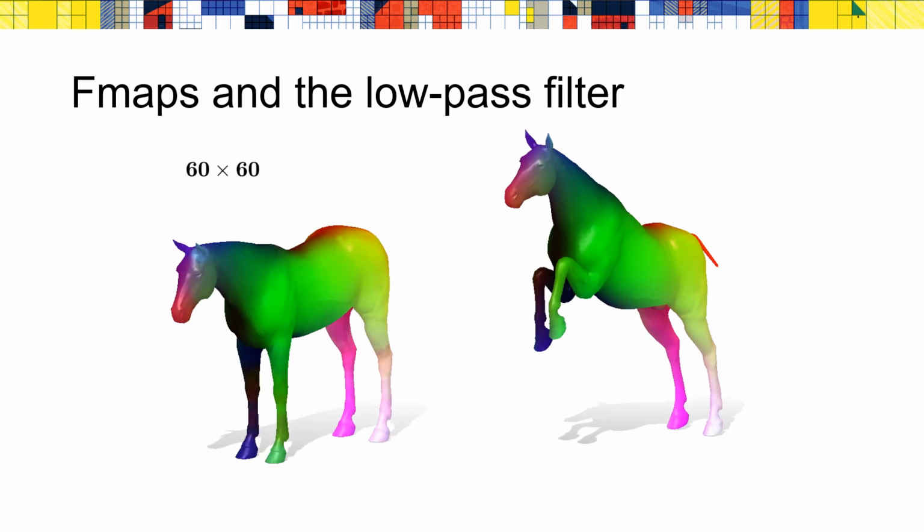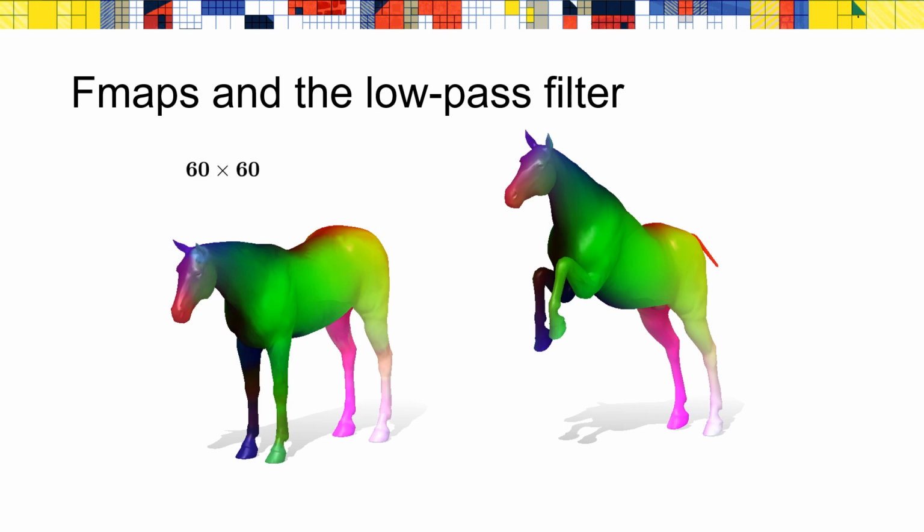I would like to show you again a result in the middle with a functional map of size 60 times 60, which corresponds to the selection of the Fourier basis on the two shapes with size 60. And as you can see, mainly on the legs, there is a lot of error.